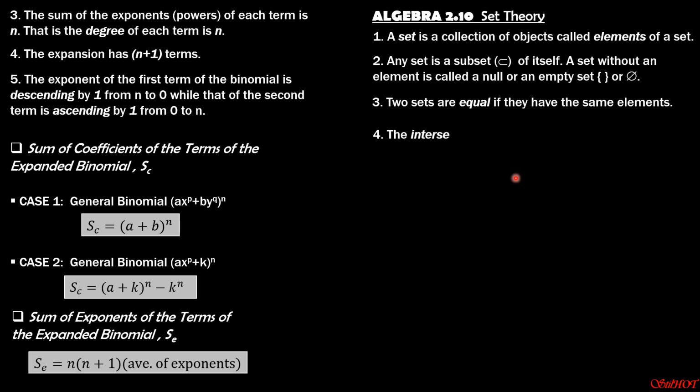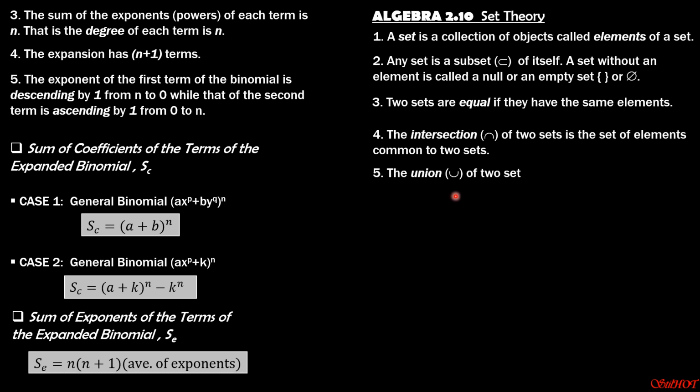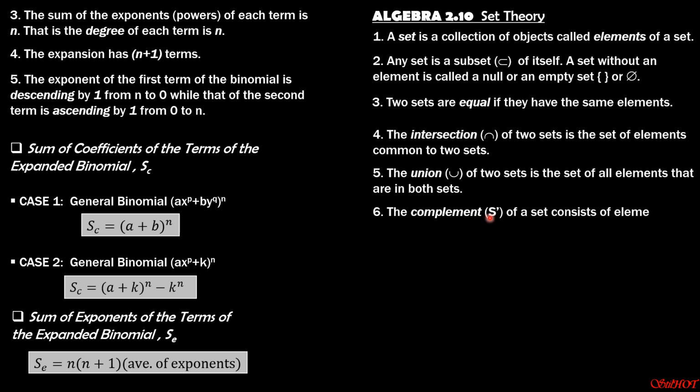The intersection, which is denoted by this symbol, inverted U, of two sets is the set of elements common to the two sets. While the union, this is the union symbol, of two sets is the set of all elements that are in both sets. Then the complement, denoted by S prime, of a set consists of elements in the universal set not found in the given set.